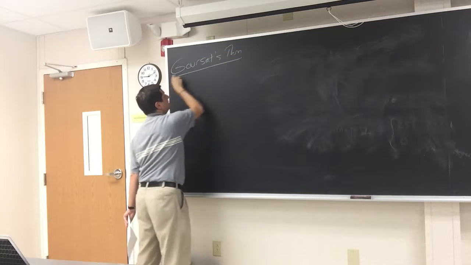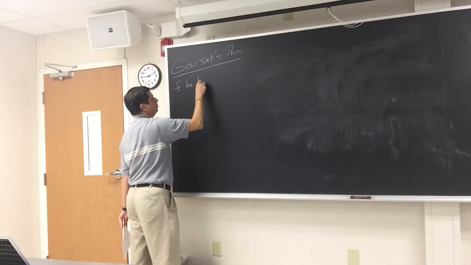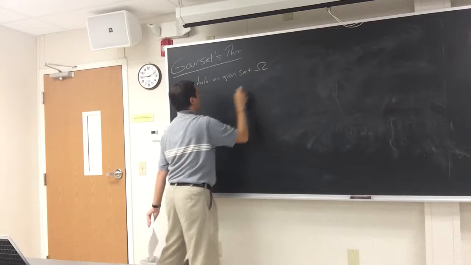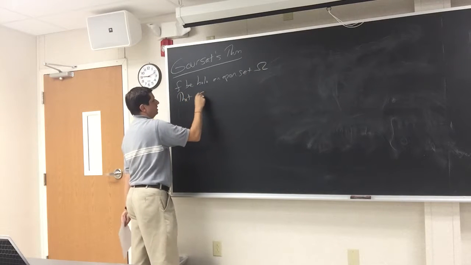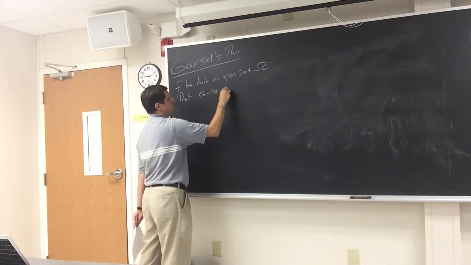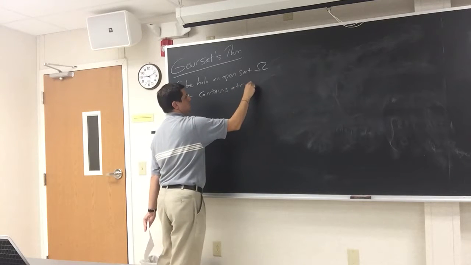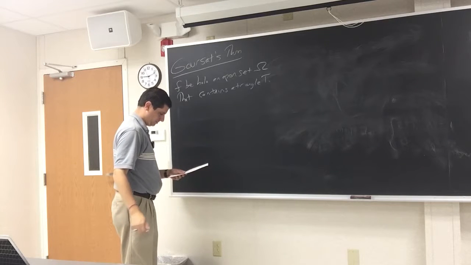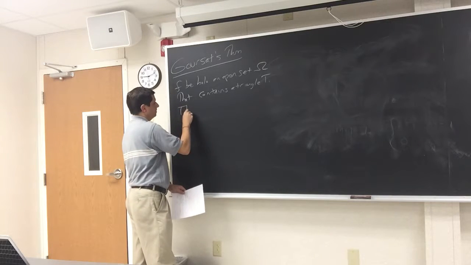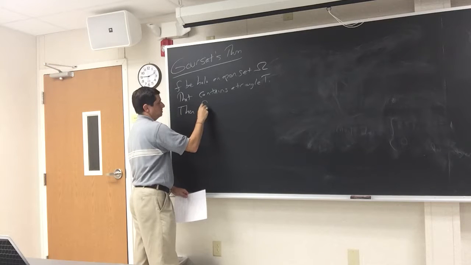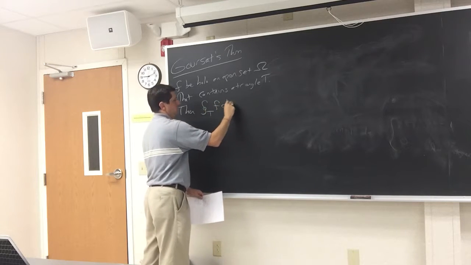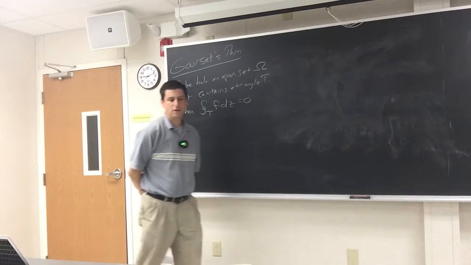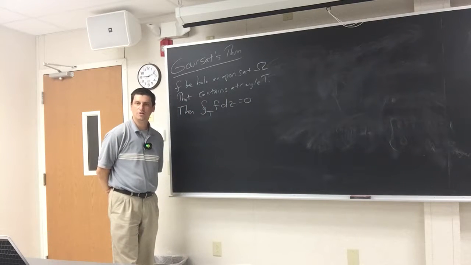Goursat's theorem: let f be holomorphic on an open set omega that contains a triangle T. Then the integral over T is 0. Basically, if I integrate a holomorphic function along a triangle, I get 0.